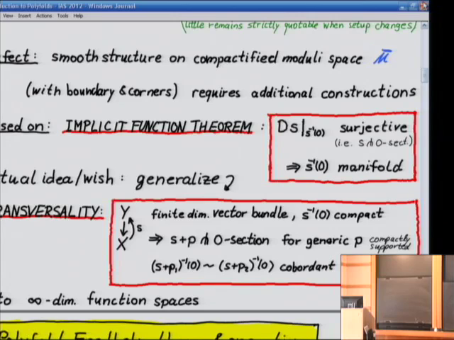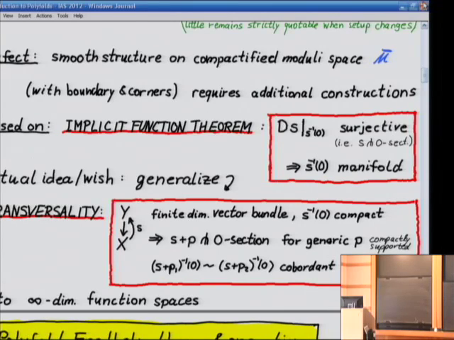And then if you have two choices of perturbations, you want a compact cobordism between the zero sets. So that way we would get some sort of unique fundamental cycle if there's no boundary, or if there is boundary, you get something unique out of this.